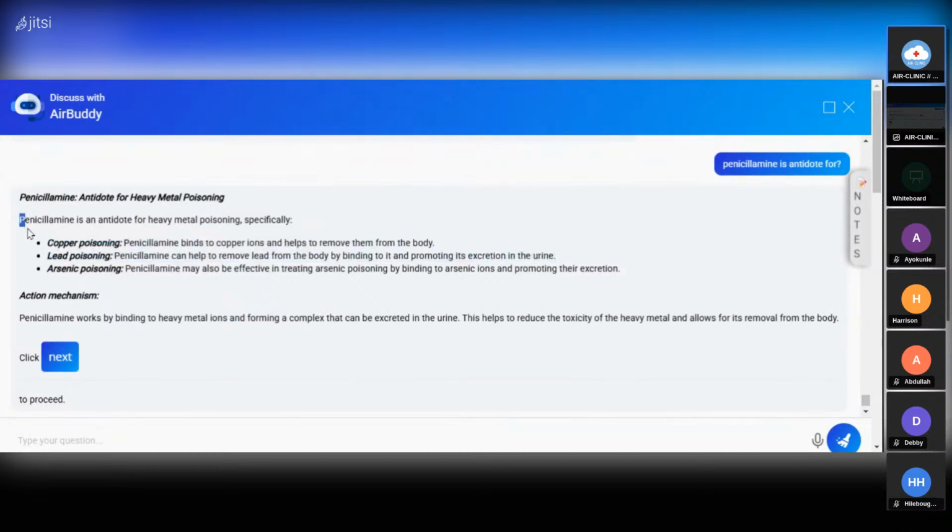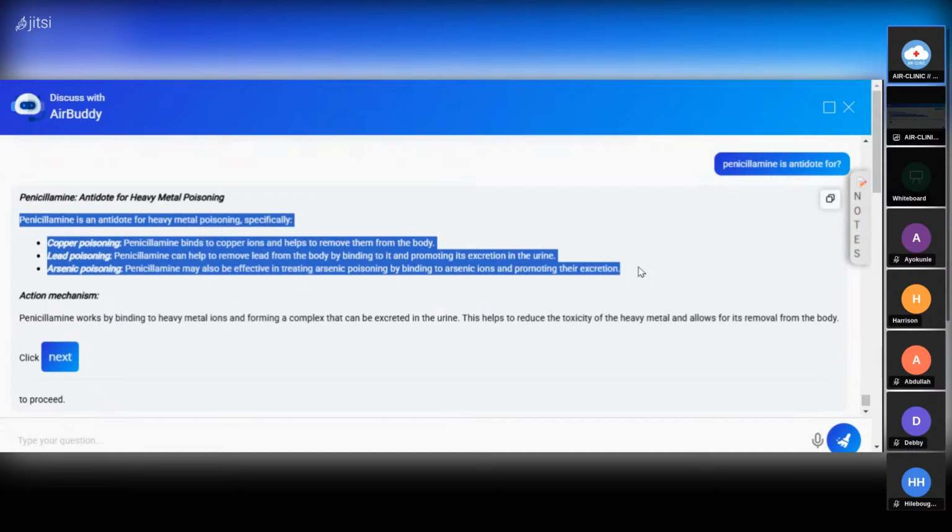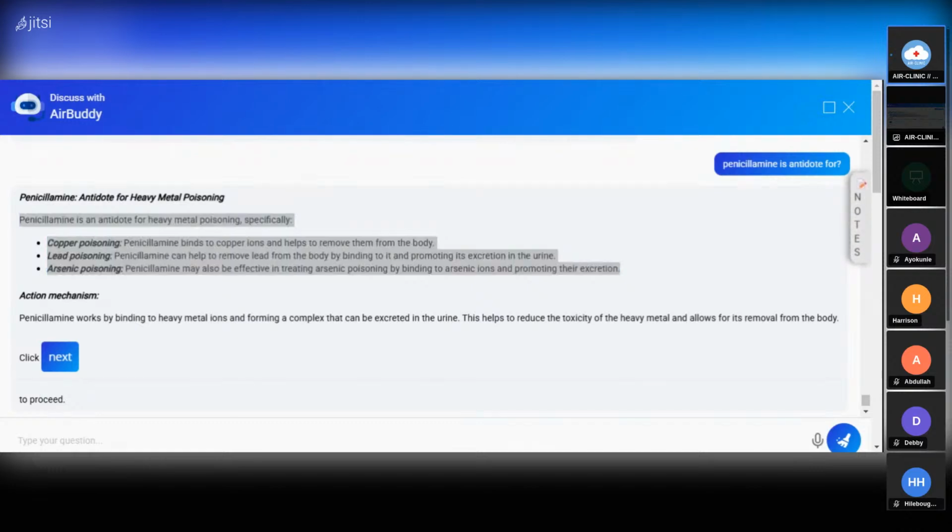So it chelates some of these things, heavy metals like lead, copper, arsenic. So that's the major function.